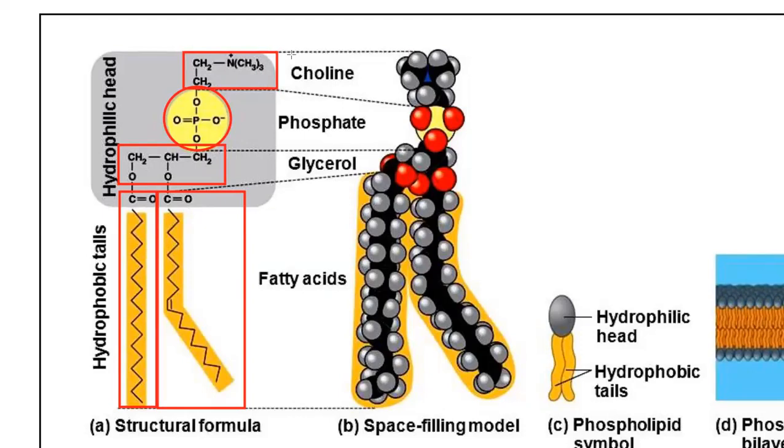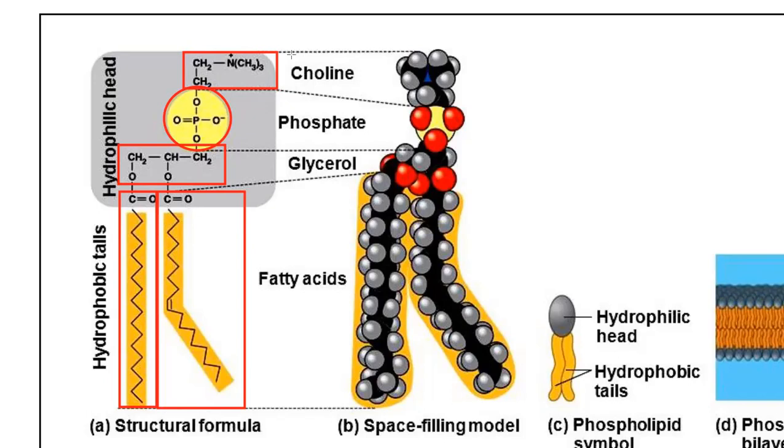Having plus and minus represents that it is polar. Understood? So, what are the polar regions in the phospholipid? Choline and phosphate are the polar portions in the phospholipid.